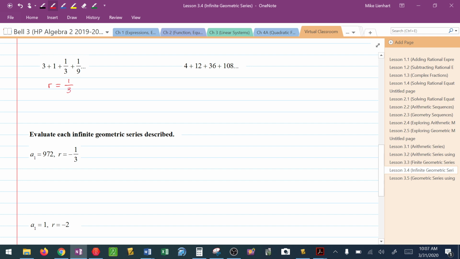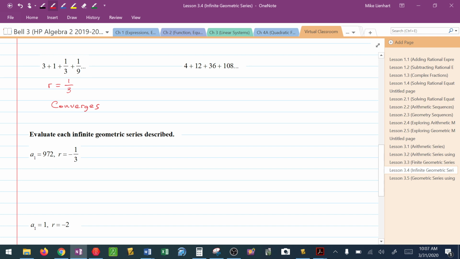I took 1 divided by 3. You could have taken 1/3 divided by 1, or 1/9 divided by 1/3. No matter what you do, you're going to get an R value of 1/3. Because the absolute value of 1/3 is less than 1, we say that this converges.